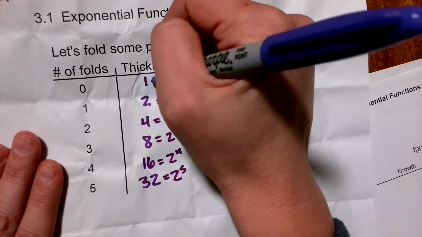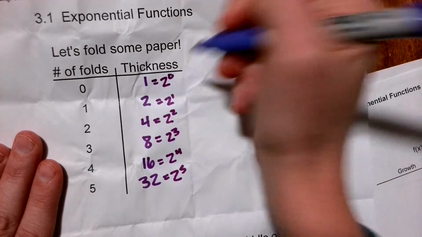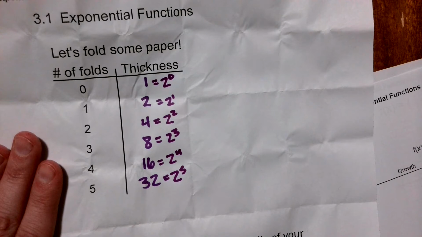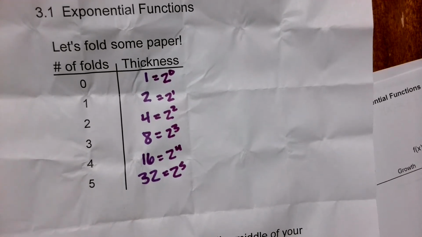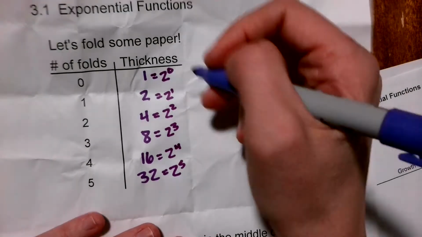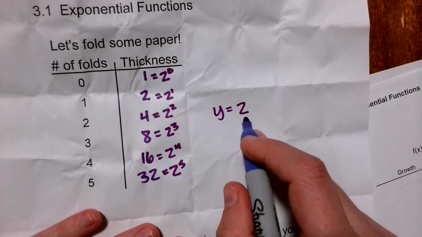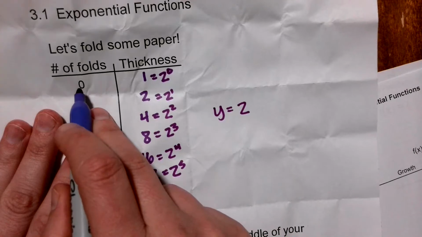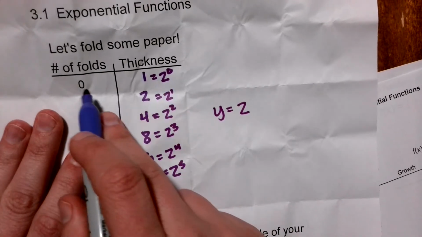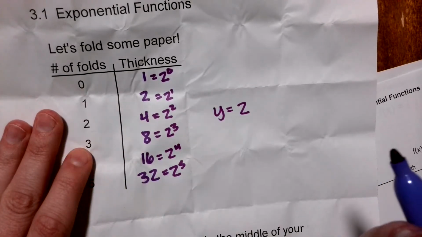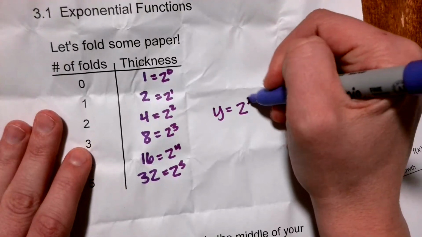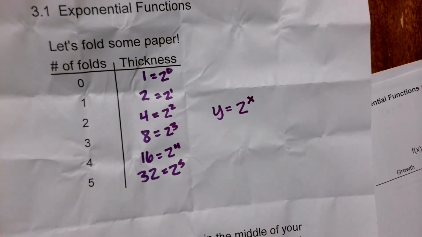And in fact, if we go backwards, we know that anything to the 0 power is 1, so that first one could be written as 2 to the 0 power. So if I was wanting to write an equation for this particular situation, I know that I'm always raising 2 to a power, and then if I want that power to be my x that I'm plugging in, I would just have 2 to the x power.